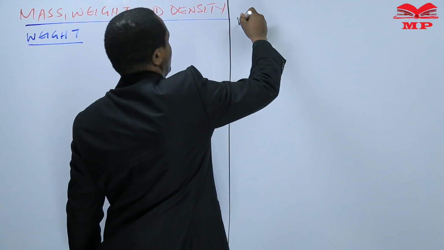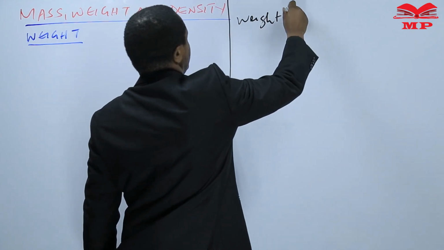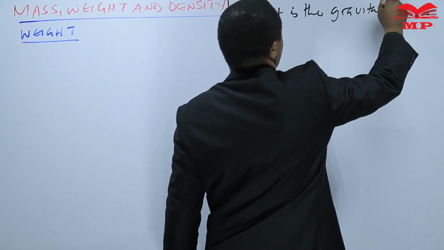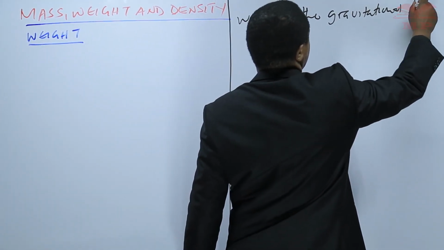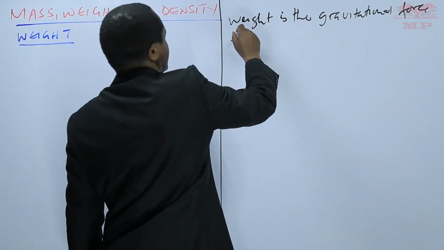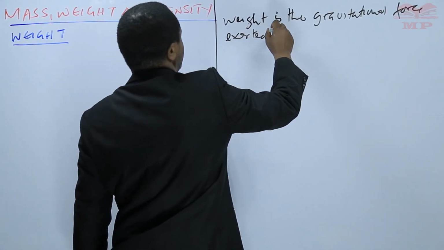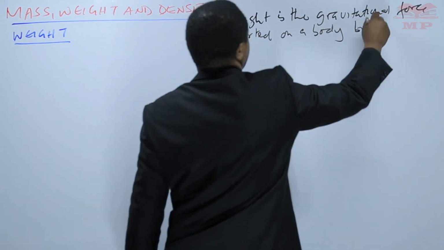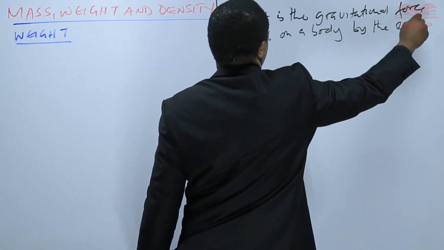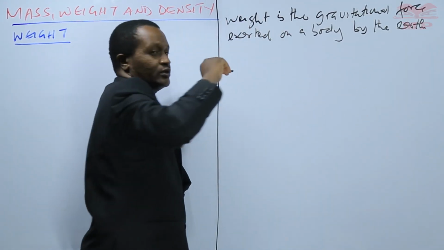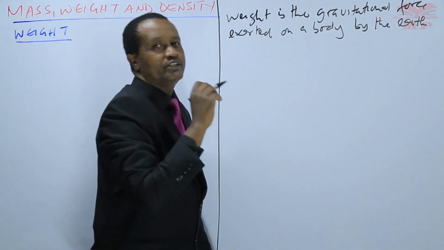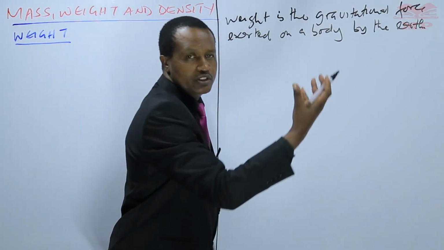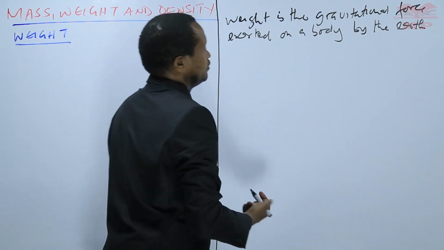Weight is the gravitational force exerted on a body by the earth. And we say that every object on the earth is pulled towards the center of the earth.